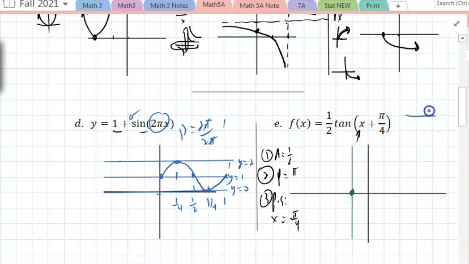Now I know a graph of a tangent takes half of the period to the right and half to the left. Well, the period is pi.